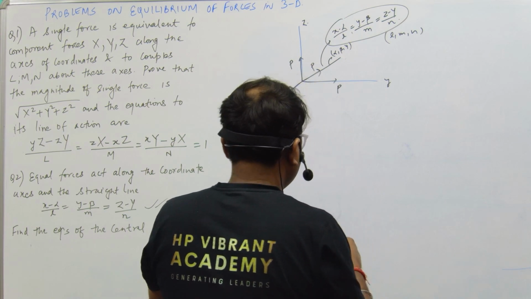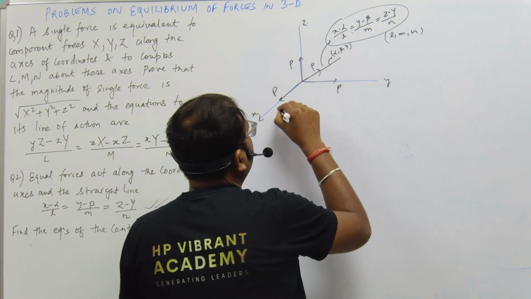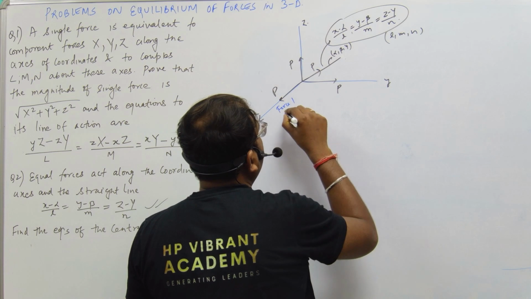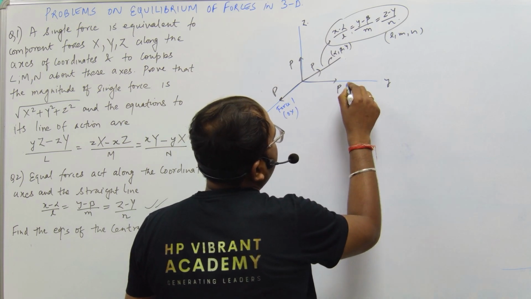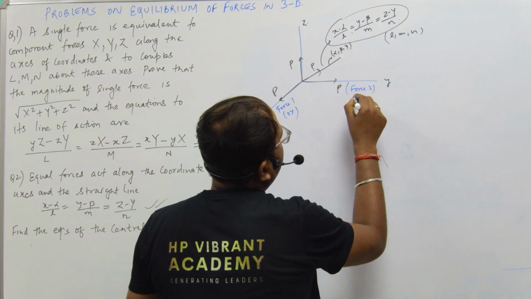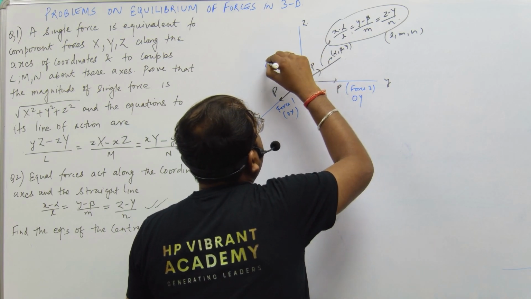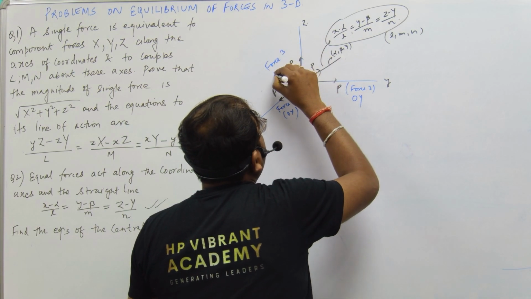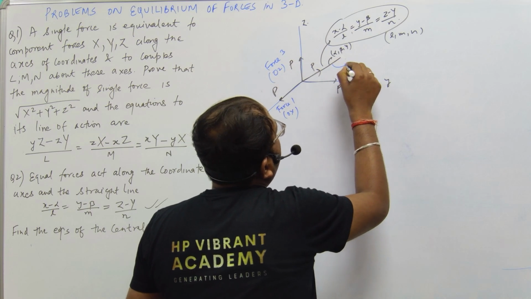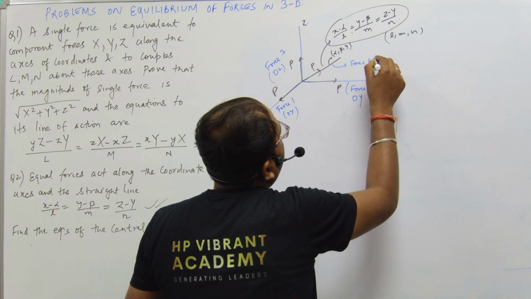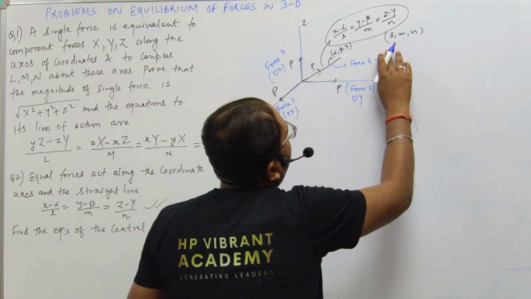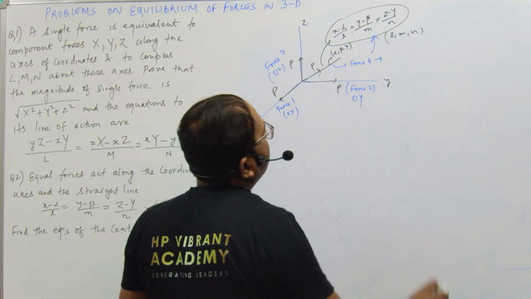Force 1 is along OX, force 2 is along OY, force 3 is along OZ, and force 4 is along this line.